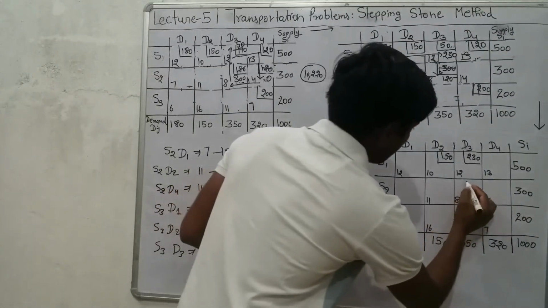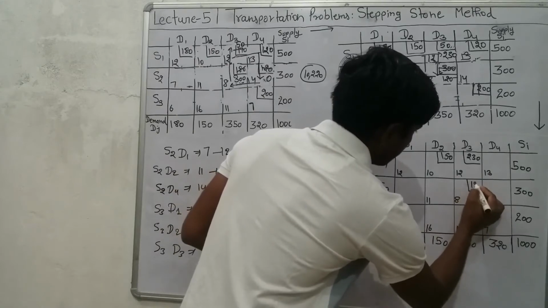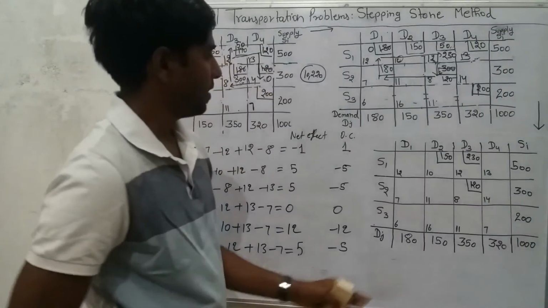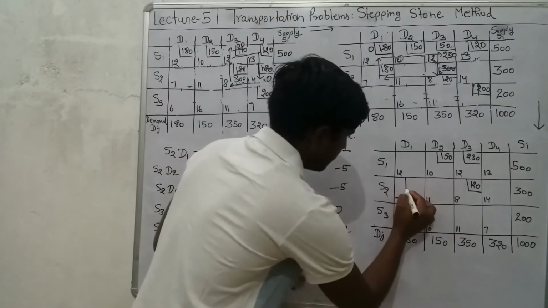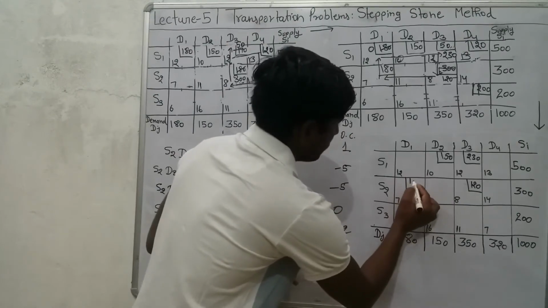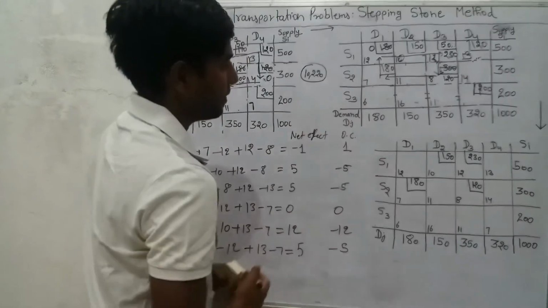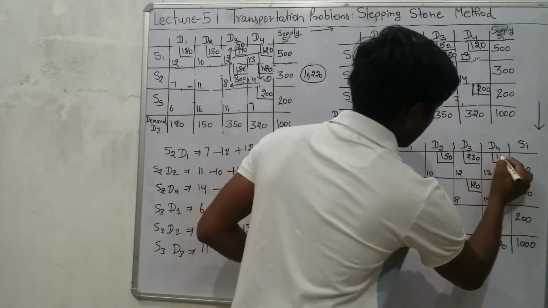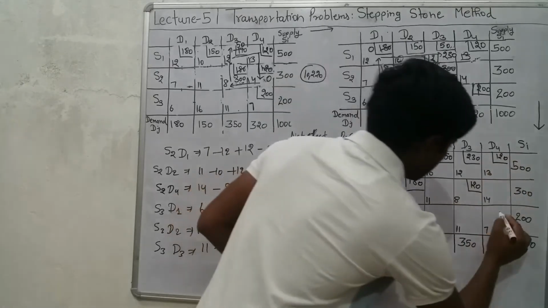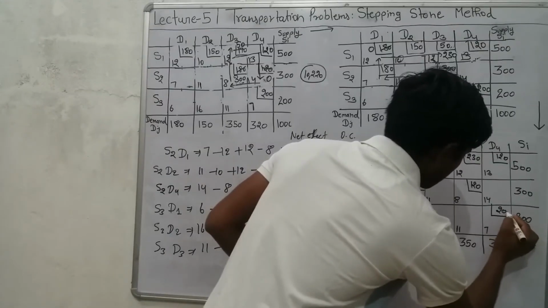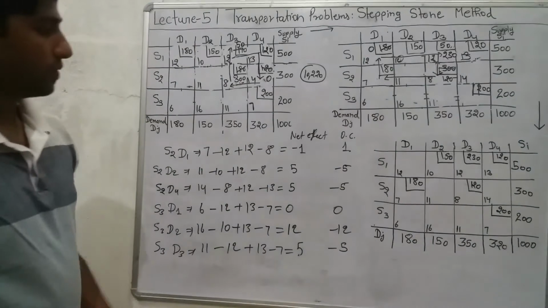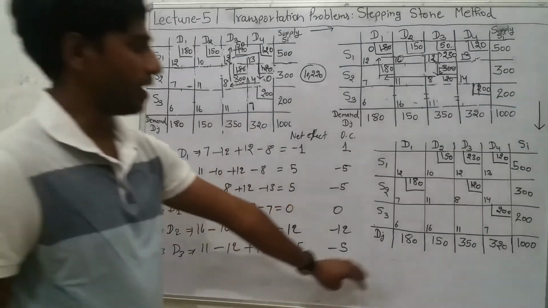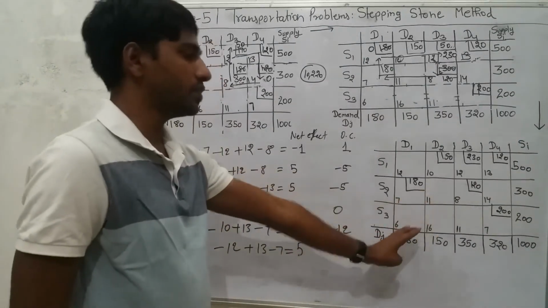In the lower cell 120 units, and in this cell there are going to be 180 units, and the remaining cells will be the same, that is 120 in this one and 200 units in this one. So in the third step again we have the improved solution.